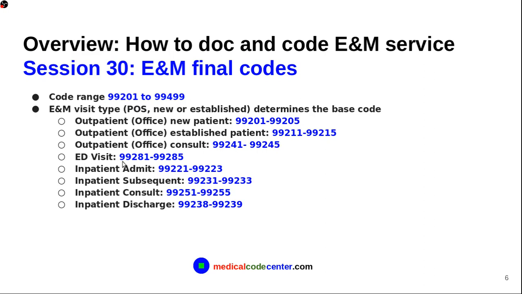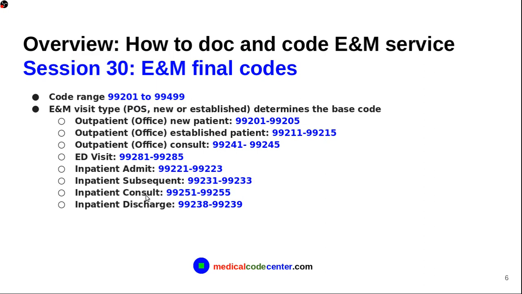For ED visit, it's from 99281 for level 1 to 99285 for level 5, and then all the levels in between. And also for inpatient admission, it's 99221 to 99223. This is 3 levels based. And then for the subsequent inpatient visit, it's 99231 to 99233.